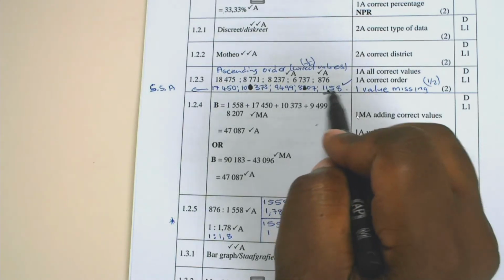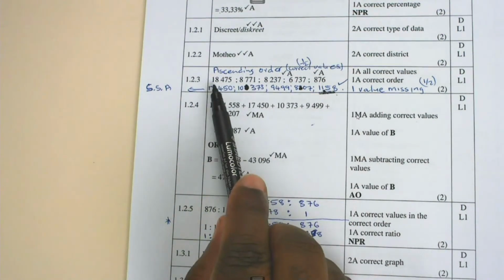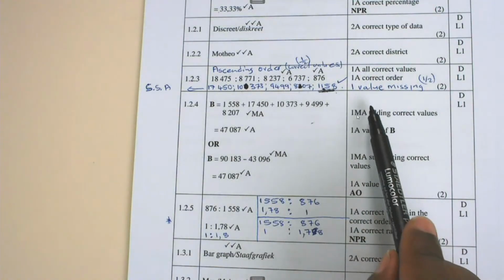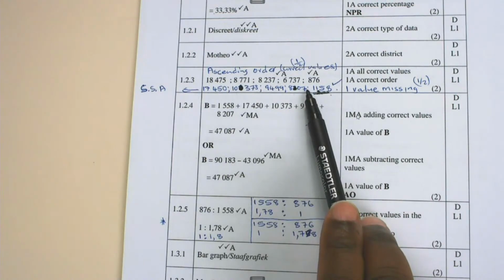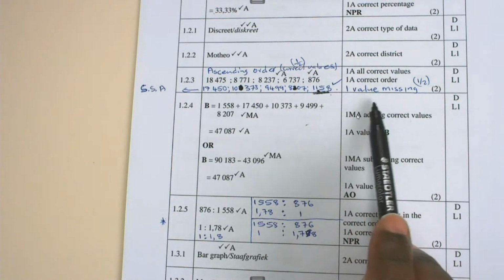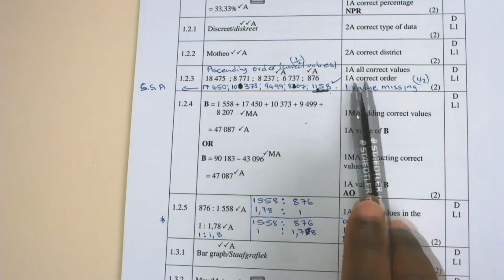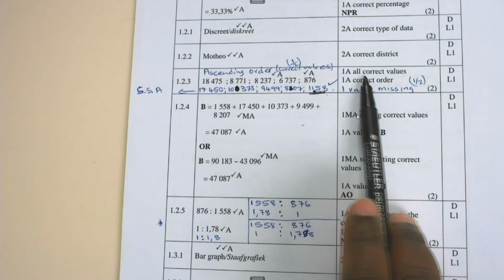Sorry about that, colleagues. Now, if the learner is using the correct data and writes only four numbers instead of five, so one value is missing, the learner will get 1 over 2 for writing, because not all the values are there, so the learner forfeits that mark.